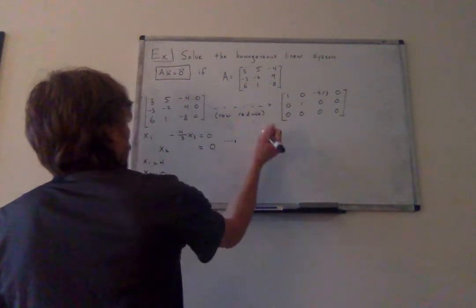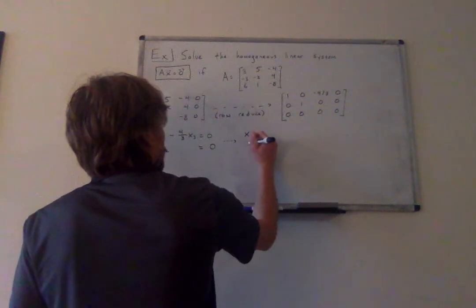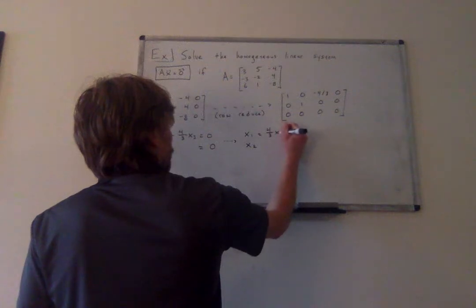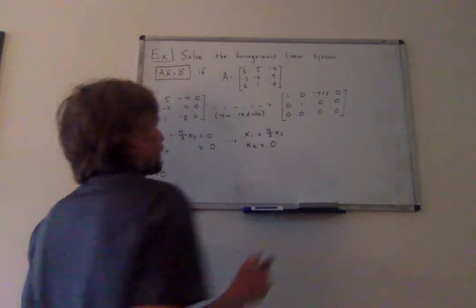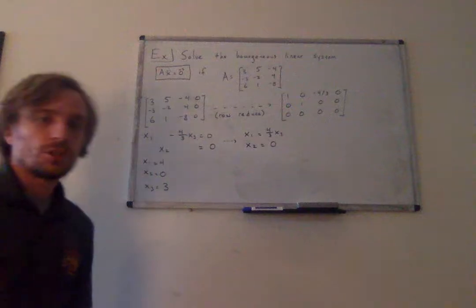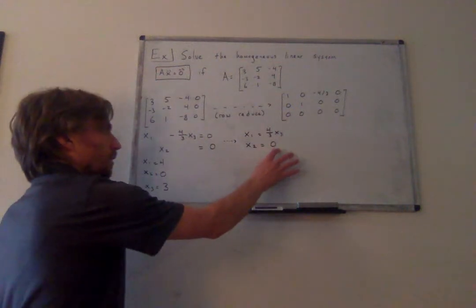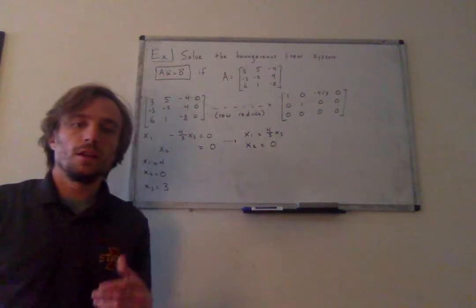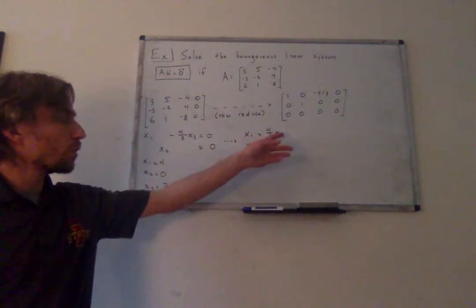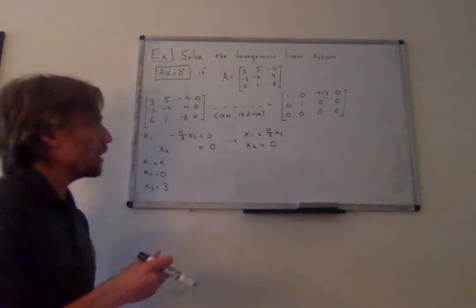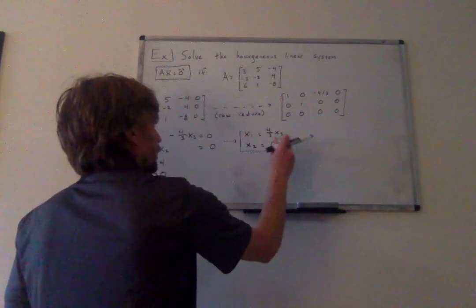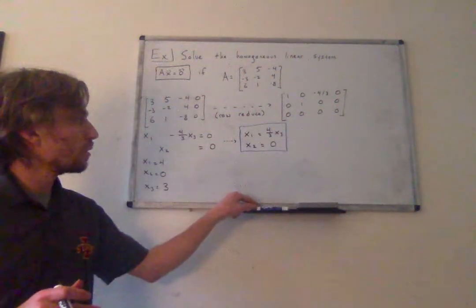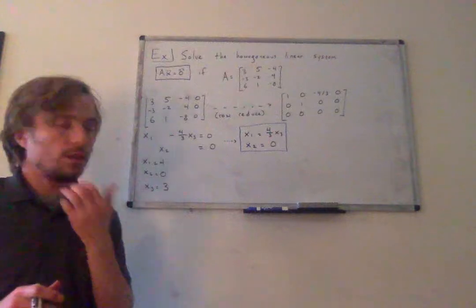An alternate way of expressing the solution is to solve for each fixed or non-free variable in terms of either some constant or 0 value, or in the case of x1, in terms of the free variable x3. This equation right here will tell me all I need to know if I want to describe all solutions to my linear system.